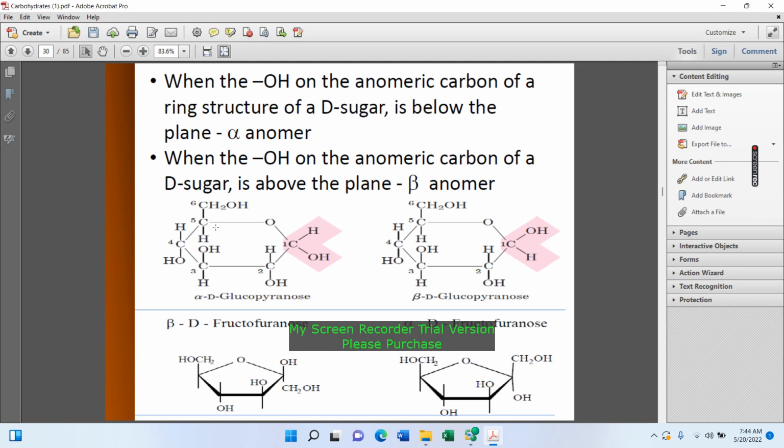When the hydroxyl on the anomeric carbon of a D sugar is above the plane, it's called the beta anomer.